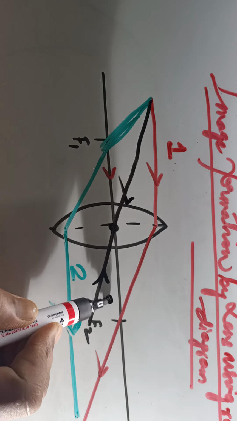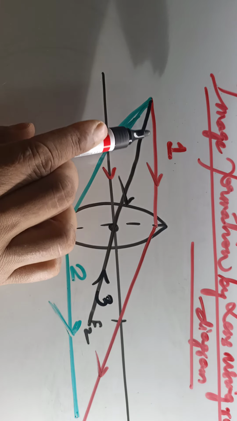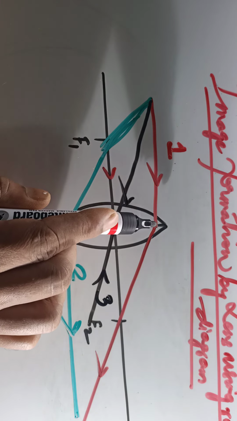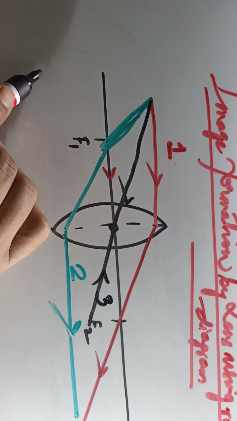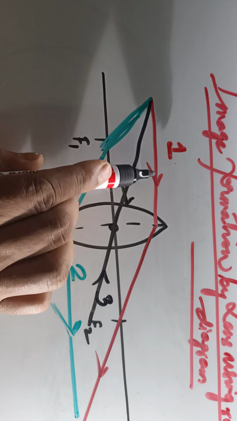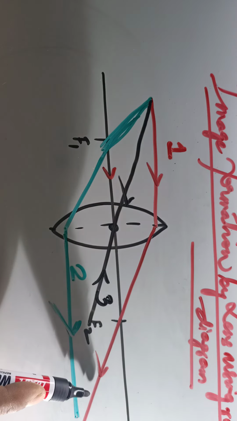So this is 3. If you recollect the mirror, in case of mirror a ray of light which travels parallel to the principal axis, after reflection passes through the focus. But in case of lens, a ray of light which travels parallel to the principal axis after refraction will pass through the focus.